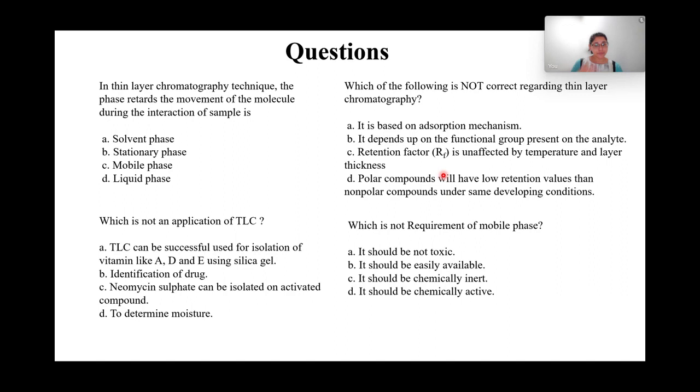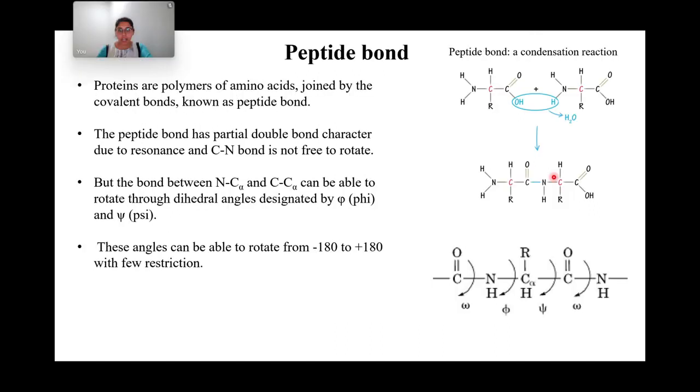The peptide bond is characterized by a CONH bond, and this C-N bond has a partial double bond character because they undergo resonance, and it is quite a stable bond. So it is a very strong bond, and the protein cannot rotate across this axis, but you have other axes that can move.